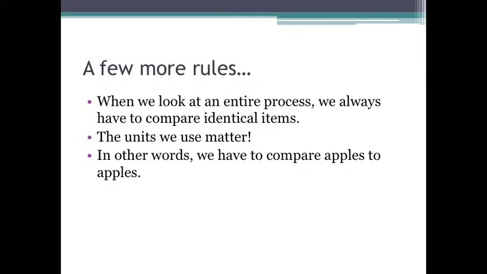You see, when we look at these steps in the process, we have to know that by comparing one step in the process with another step, we're actually looking at the same things. And this can be a little tricky. You see, the best way to put it is that usually when we calculate a throughput rate using Little's Law, we find the product that goes through that step per unit time.